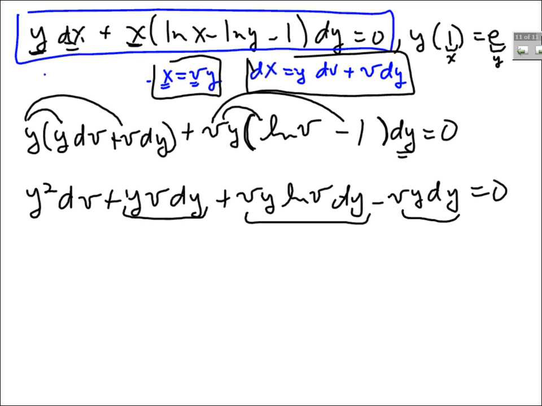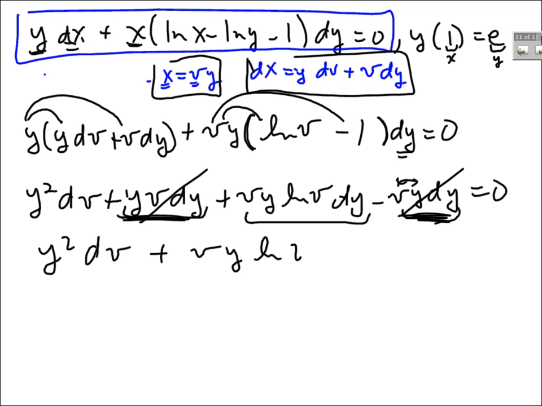These three are all dy. And this is add yv dy, and this is take away yv. Remember, vy is the same as yv. Alright, so I took it away. So now I have that y squared dv plus vy ln of v dy is 0.